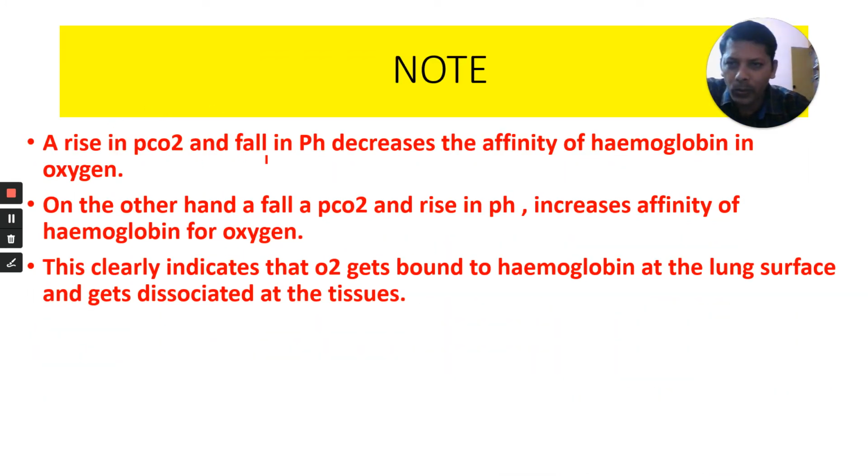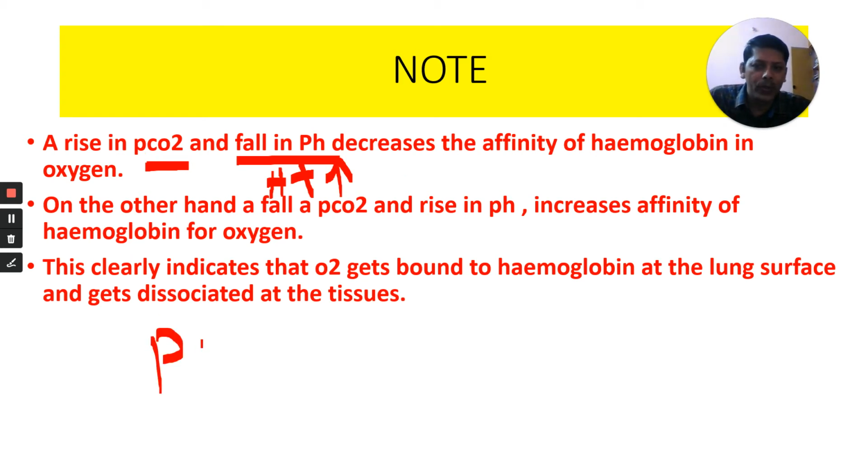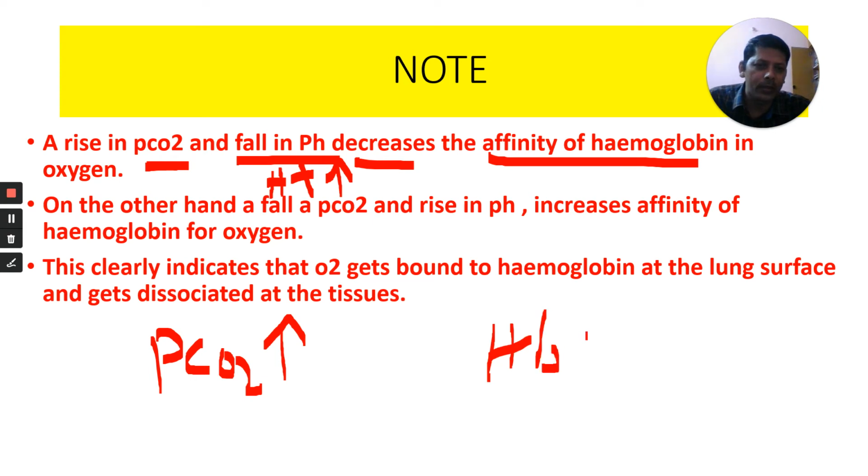A rise in PCO2, generally at our tissue, and a fall in pH, meaning high H plus, decreases the affinity of hemoglobin with oxygen when there is a high PCO2. The love between Hb and O2 decreases.